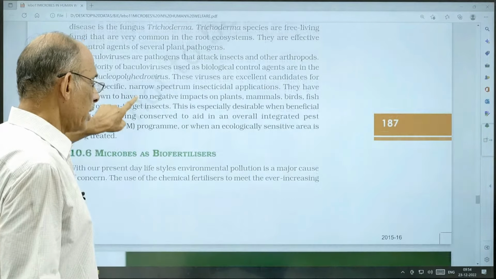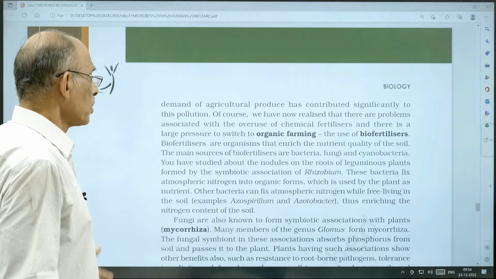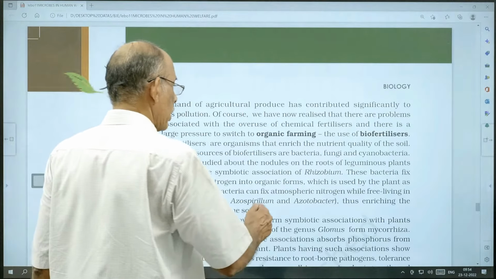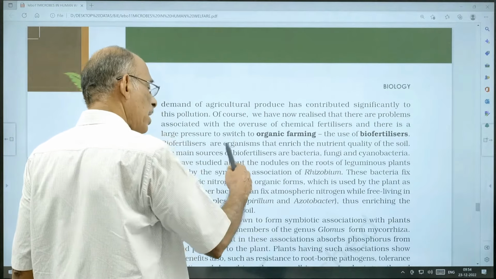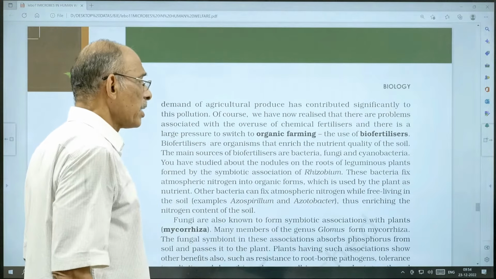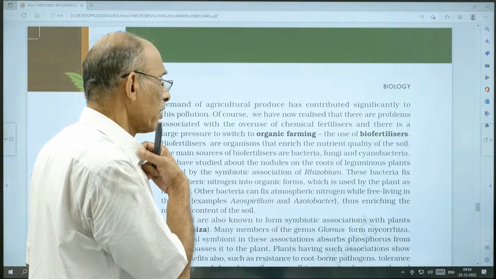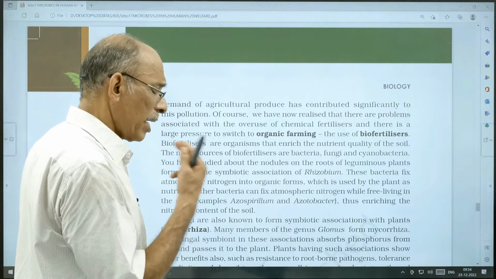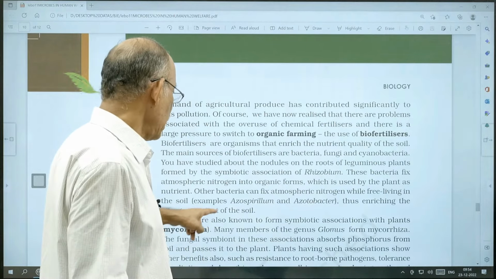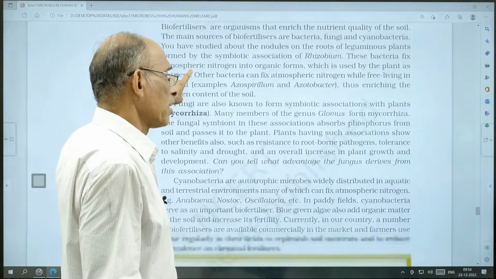Then biofertilizers. Slowly we are now using these to reduce pollution. We are switching over to organic farming and the use of biofertilizers. Biofertilizers are not actually chemicals, but organisms that enrich the quality of the soil. They are bacteria, fungi, and cyanobacteria. Rhizobium forms root nodules in leguminous plants, and free living ones are Azospirillum, Azotobacter, etc., which can fix atmospheric nitrogen.